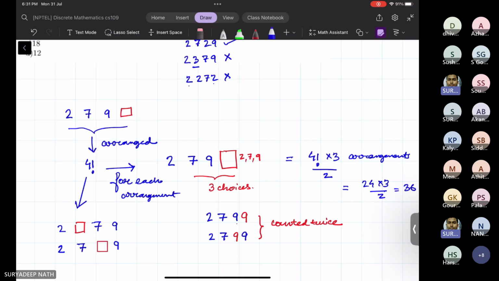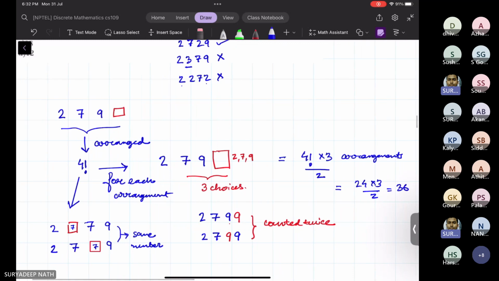But if we put the same digit here, so if we put 7 and 7, these are basically the same numbers, because we can only put either 2, 7, or 9, so one of the digits will get repeated. So to eliminate the repetition of counting, we'll have to divide by 2 for the entire arrangement. So that is how you are dividing by 2.